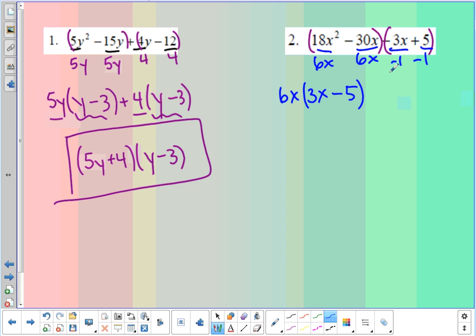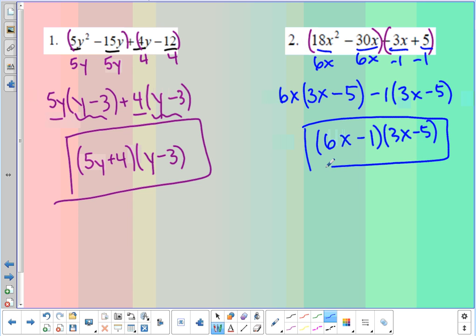So that means I need to take out a negative 1. So I have negative 1 out front, and then I have 3x minus 5 left over behind. So my two factors are 6x minus 1 and 3x minus 5.